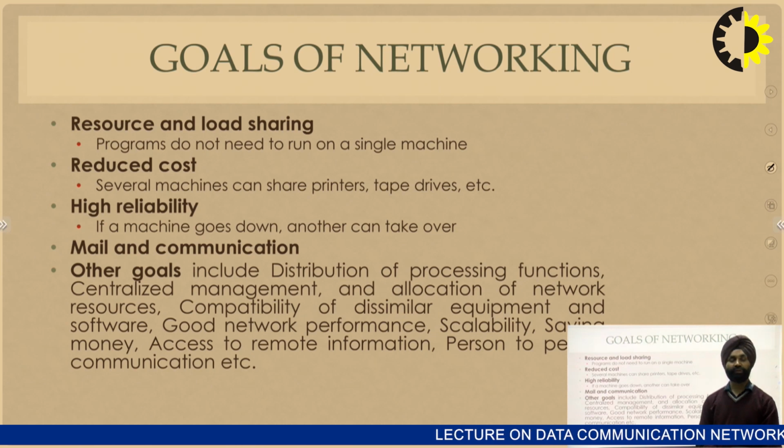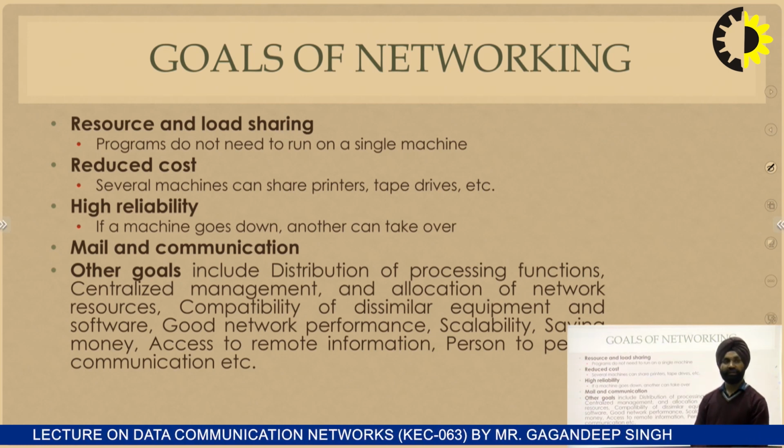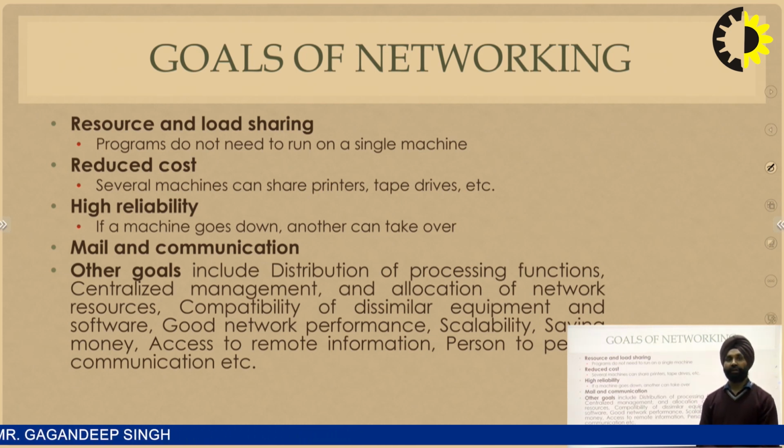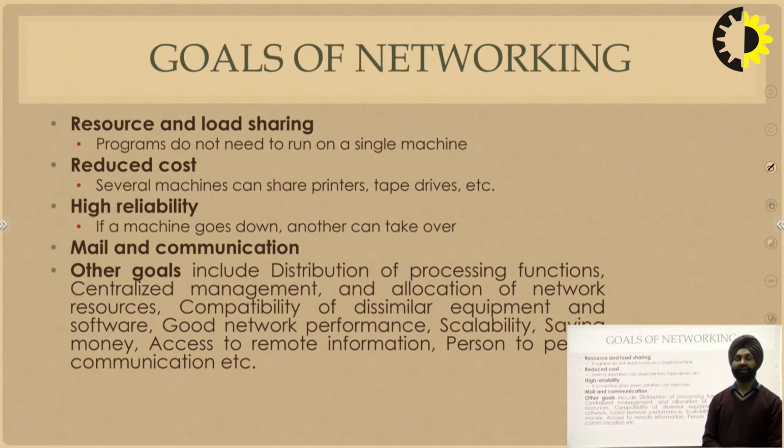Then reduced cost. Obviously, when we are using a single device instead of a printer for each device, we are reducing the cost. Similarly, we can see it in software resource sharing, where we install a server on one device and share it through a number of devices.